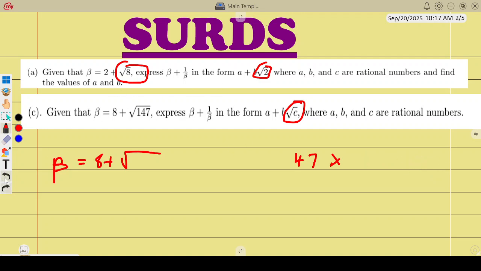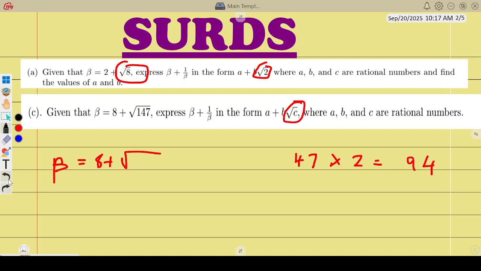Okay, 47 times 3 is not working. What about times 2? What are you going to get when you multiply 47 by 2? It's 94. Okay, so this is not working out. You try, what about 47 times 4? You're trying out things. You get 188. So 47 is not coming out.